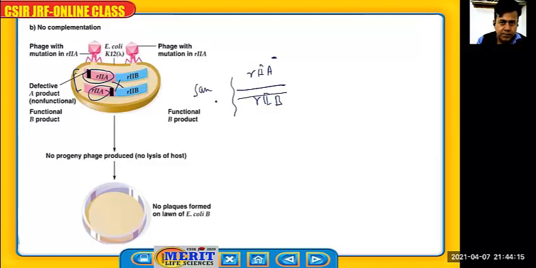So this is also a kind of cis position, and they cannot recombine or show the complementation effect.